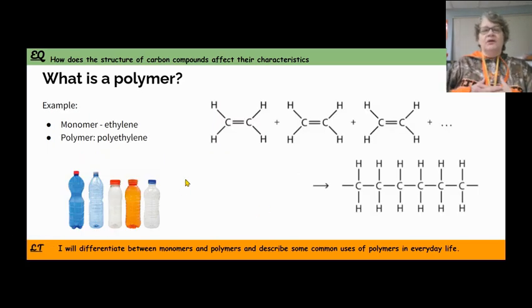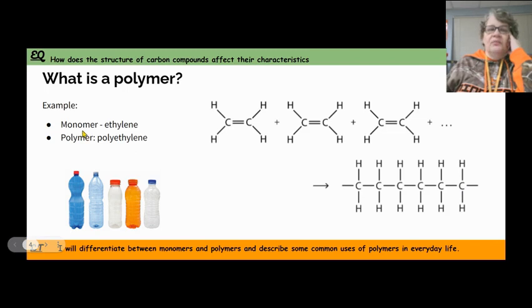What is a polymer? Basically, again, if I'm taking each of these ethylenes and I'm putting them together to make one long chain, right? And so the monomer is ethylene. The polymer is polyethylene, right?